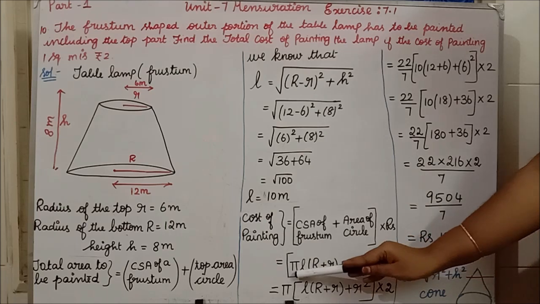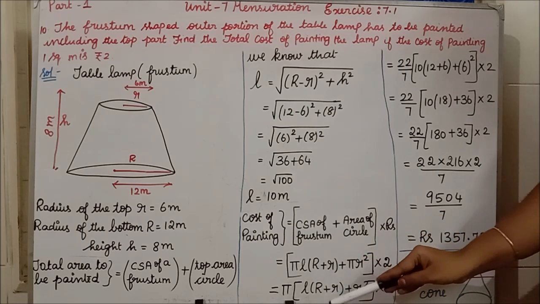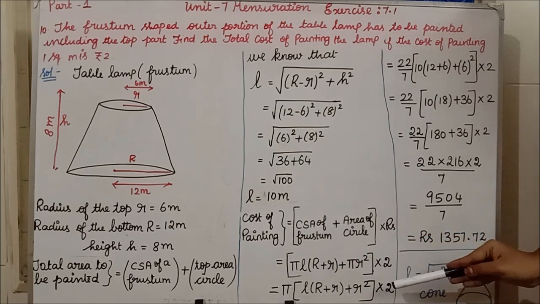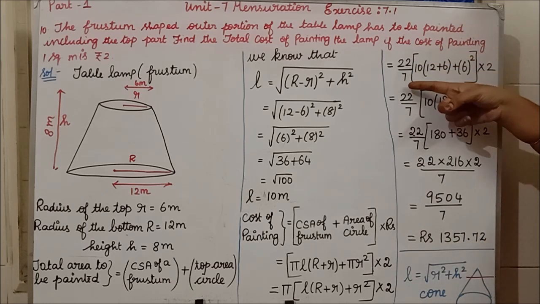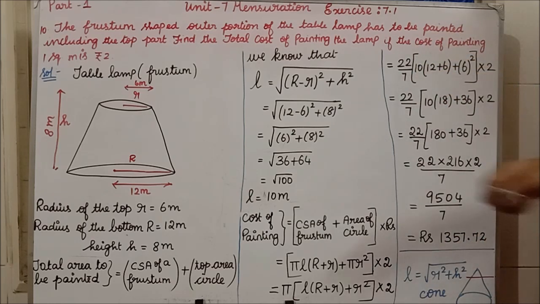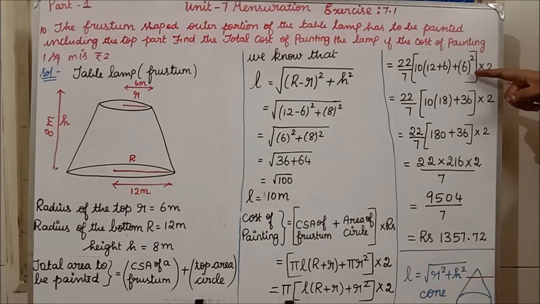Next step, here also pi, here also pi, so I take pi commonly outside: pi into L into (capital R plus small r) plus r square, into 2. Pi is 22 by 7. L we have found is 10, capital R is 12, plus small r is 6, plus small r is 6 whole square, into 2.